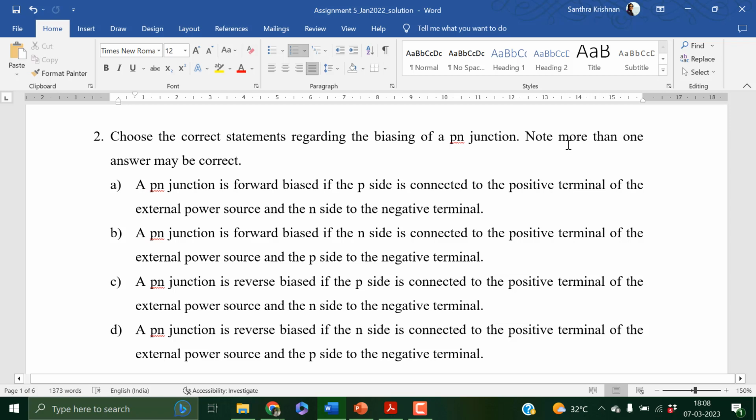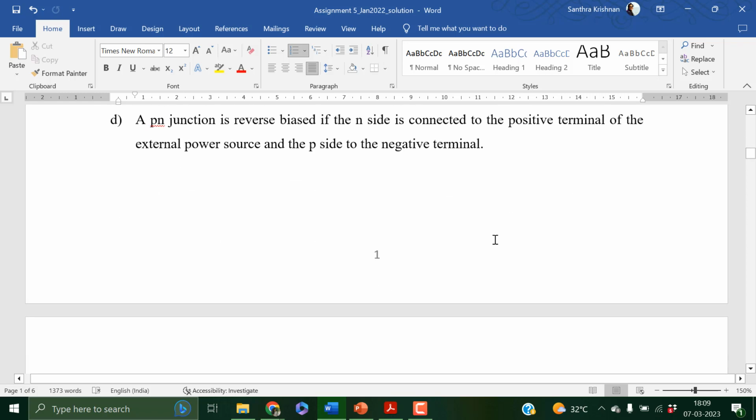First option is correct, madam. Second option is wrong. Third is also wrong. Yeah, D is correct. So in these four options, A and D will be correct, right? Yeah, that is correct.